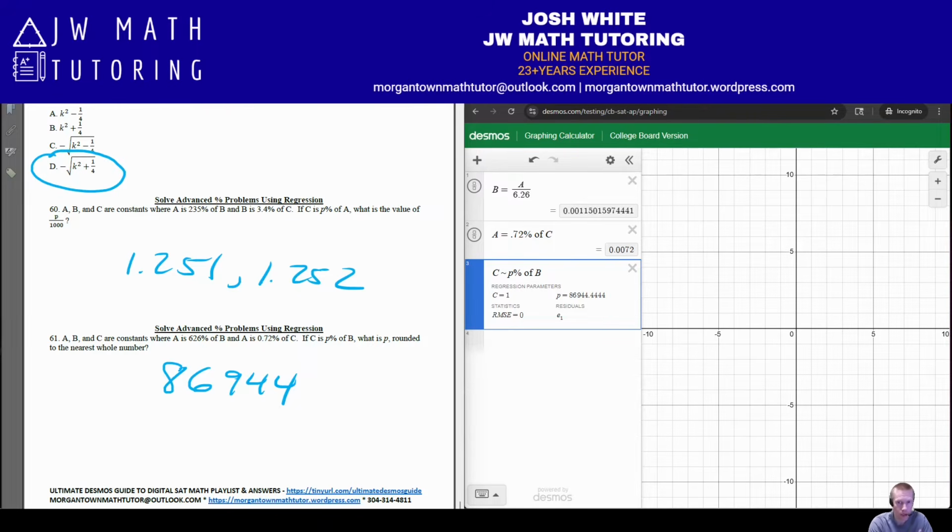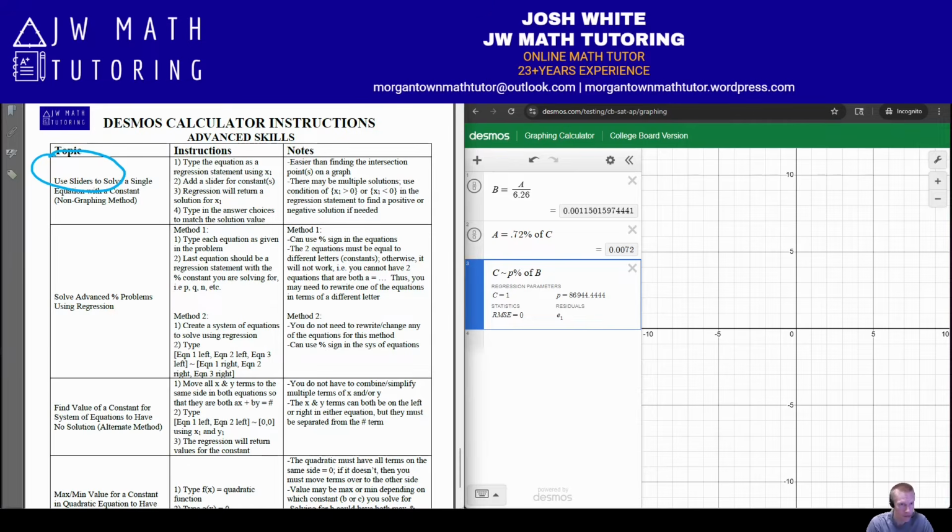Now, let's go over the second method, which is solving these advanced percentage problems using systems of equations. I'm going to jump back to the guide here, but first let me erase the answers, because they'll be over top of it.